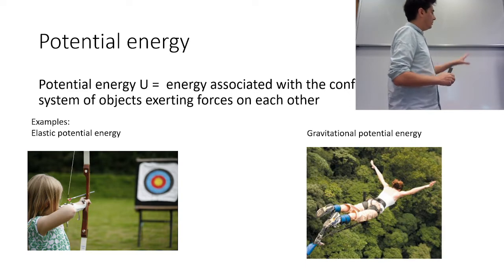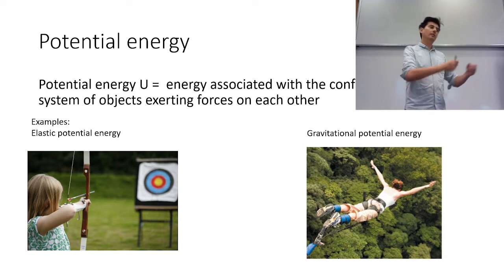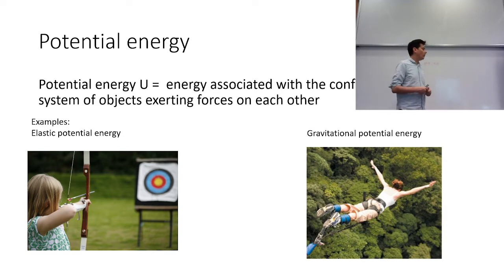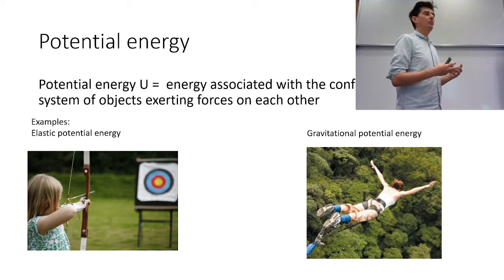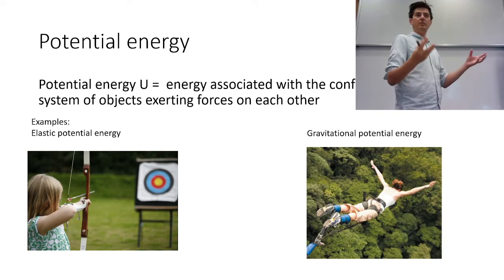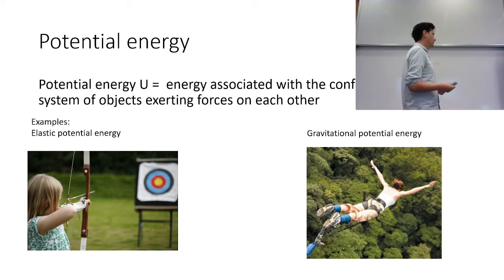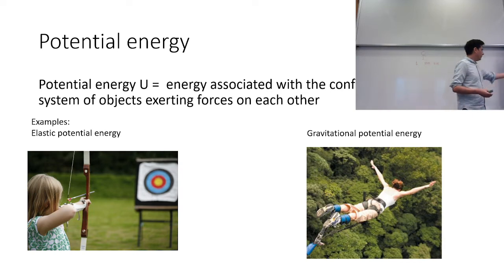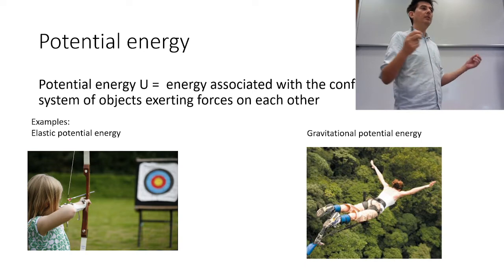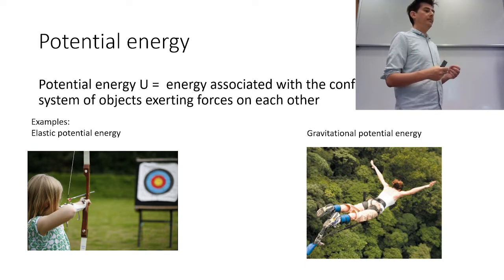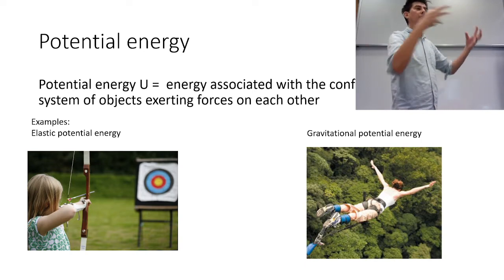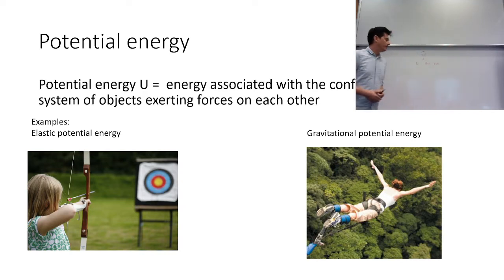In the case of elastic potential energy, you've got this girl here who's pulling a bow. What's really happening is that she's putting energy into the configuration of the atoms there. The string of a bow is made up of some kind of elastic material, and it tends to want to jump back into its original configuration.